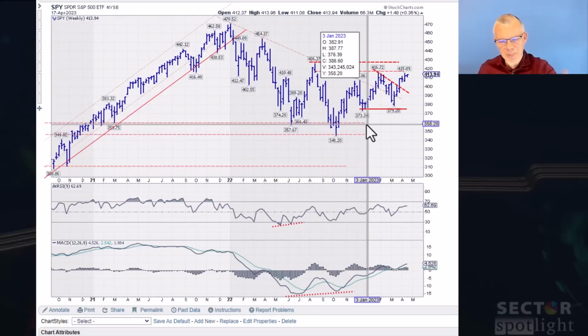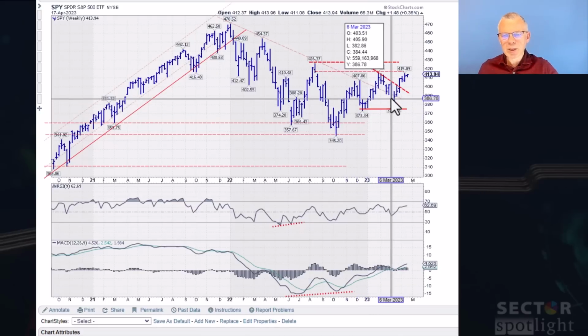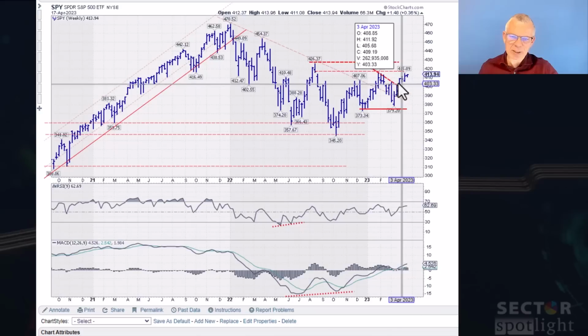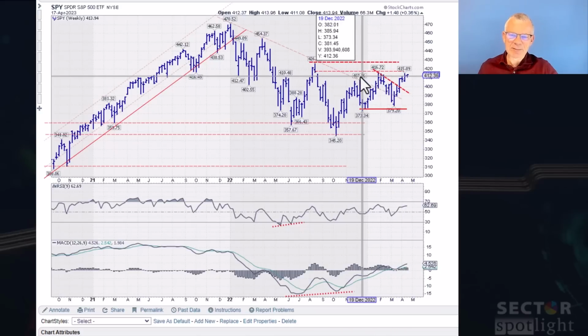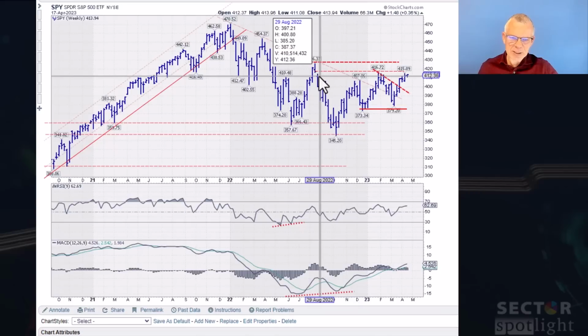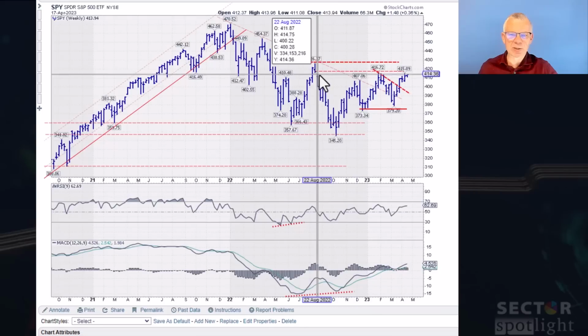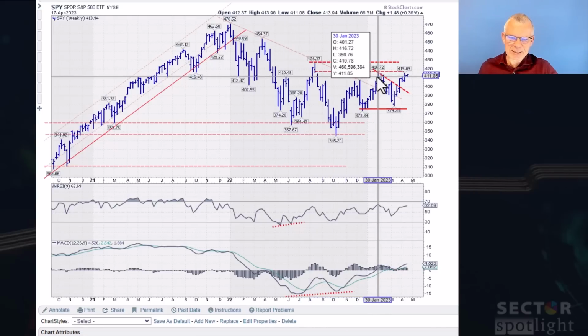The speed, the pace of that move has slowed down a little bit, but it's definitely still there. And out of that recent low, we're now pushing higher, and we're again in that 415, 416 area. And that is marked by the gap that was formed here in August 2022. And then we touched that again in January, at the end of January.